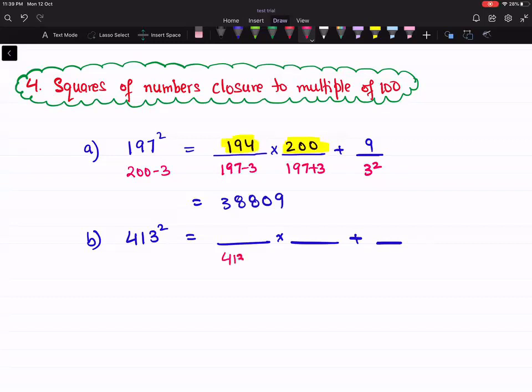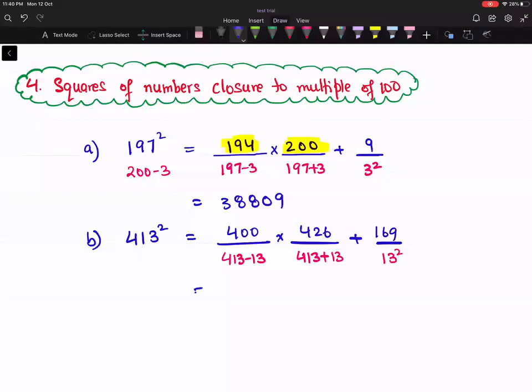So this is 413 minus 13, and this is 413 plus 13, and this is going to be 13 square. Okay, let's see here. So what I'm getting here is 400 into 426 plus 13 square, that is 169.